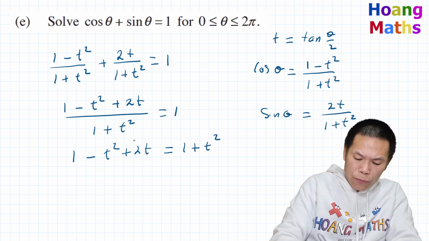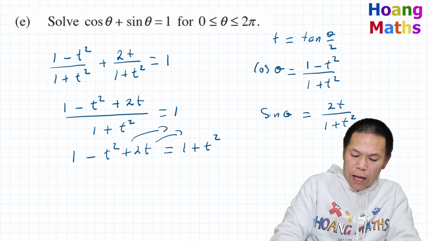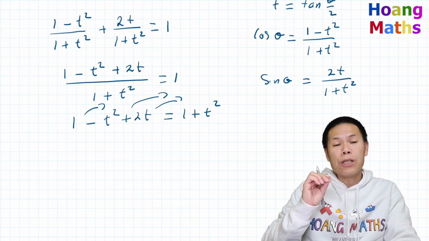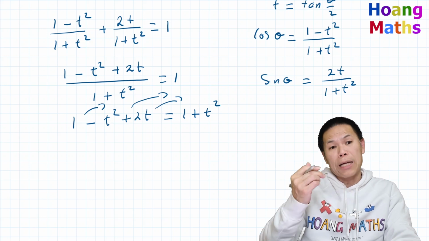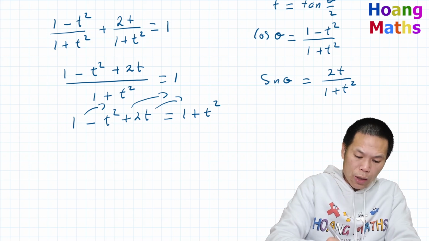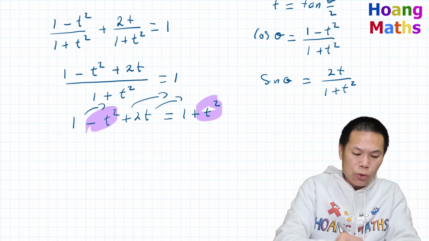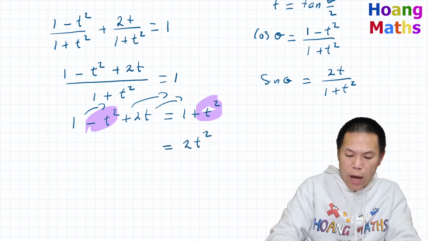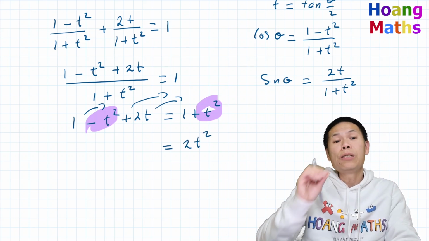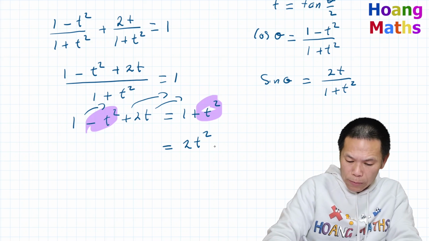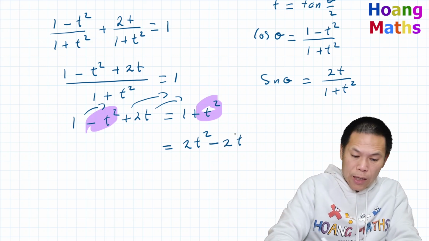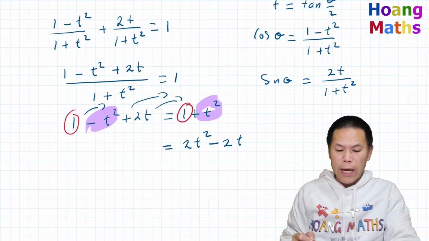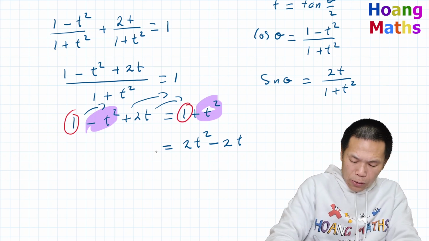So I just move all these values on one side, on this side here, and negative t squared moves to that side, becomes plus t squared. So these two we add together, give me 2t squared. So that is 2t squared, and the plus 2t moves over, becomes minus 2t. And of course, this one here and this one we cancel out. So that is equal to 0.